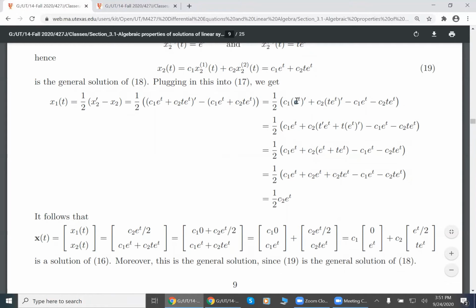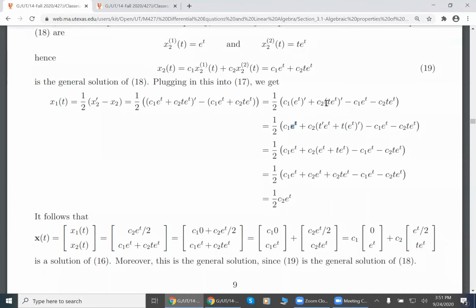Now, the derivative of e to t is e to t. In order to find the derivative of t times e to t, we use the product rule: t prime e to t plus t e to t prime. t prime is 1. 1 times e to t is e to t.